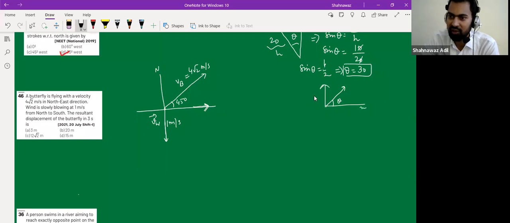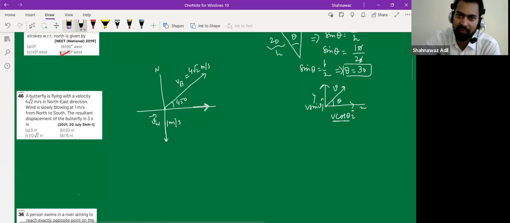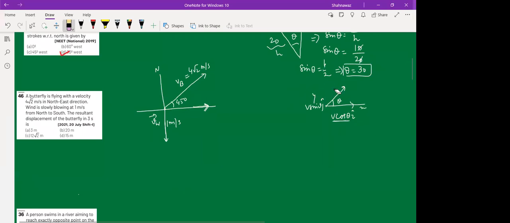And this was X and Y, and this was V. So the X component was this, and the Y component was this. Now do you guys remember anything? Am I audible? Yes, sir. Okay.